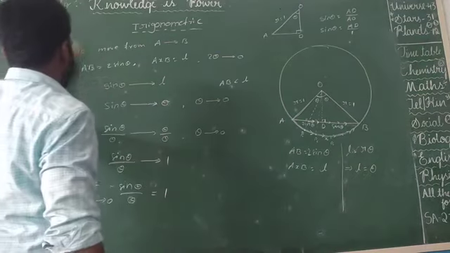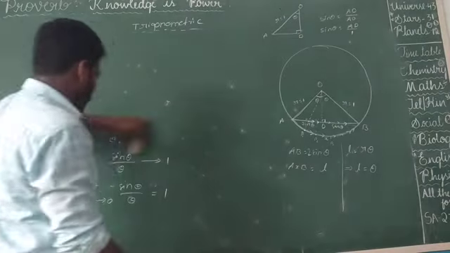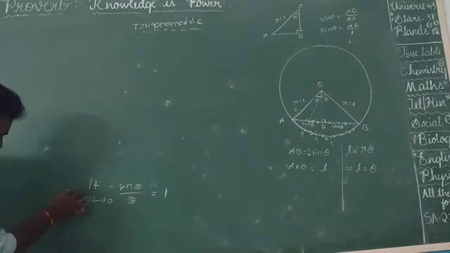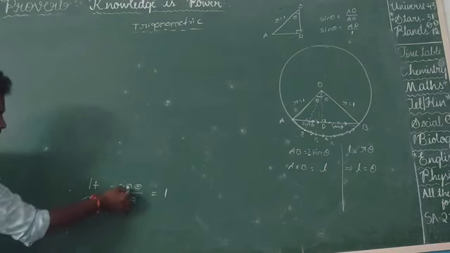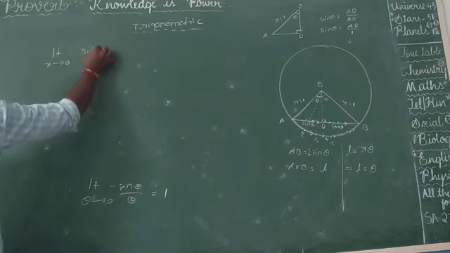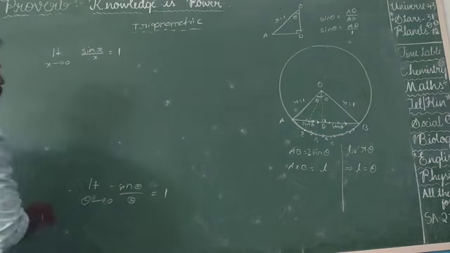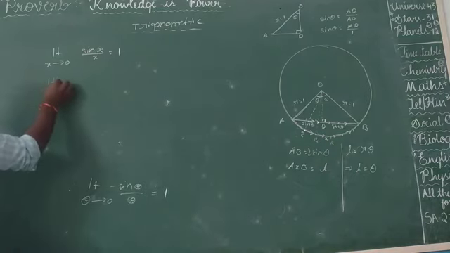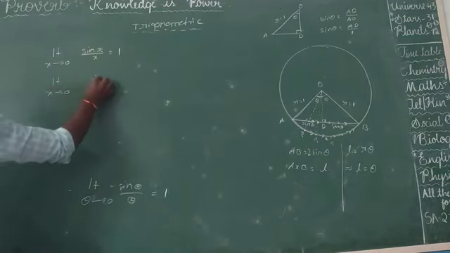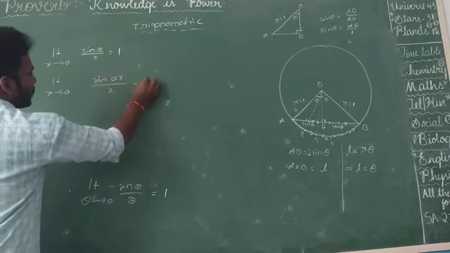In a similar way, limit theta tends to 0, sin theta by theta is 1. For example, limit x tends to 0, sin x by x is also 1. Now, if the given limit is x tends to 0, sin ax by x, what is the value?